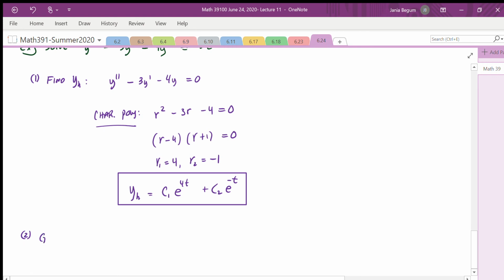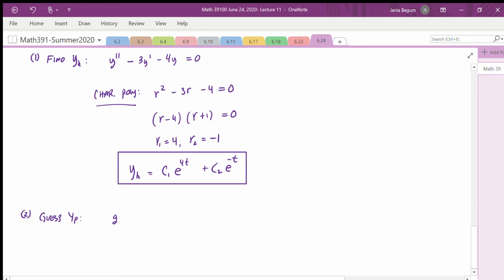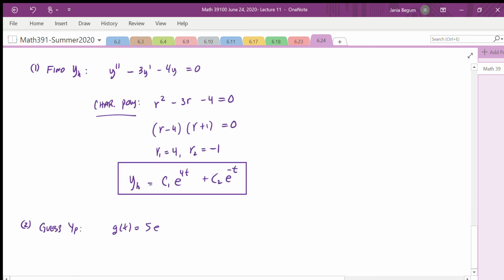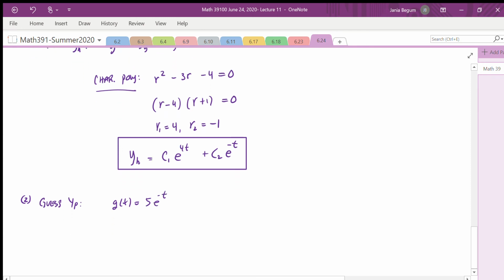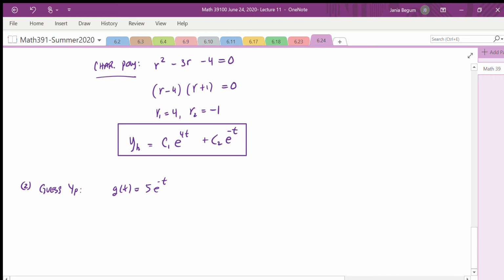Before we do that, let's analyze. g of t happens to be an exponential, right? So 5e to the negative t. And our homogeneous solution has exponentials too, right? So I'm going to guess that yp will have the form of an exponential.